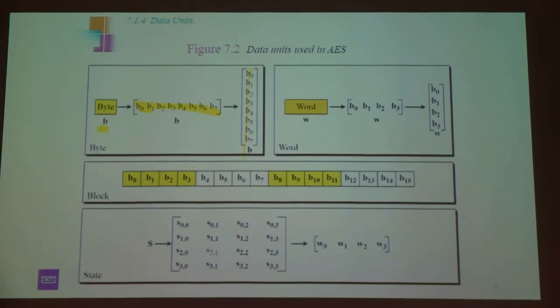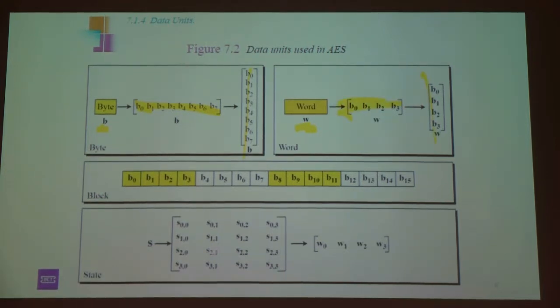If you have 4 bytes, that forms what? A word. How many bytes does a word have? 4 bytes. That means how many bits? 32. Again, you could arrange them in a row or in a column.